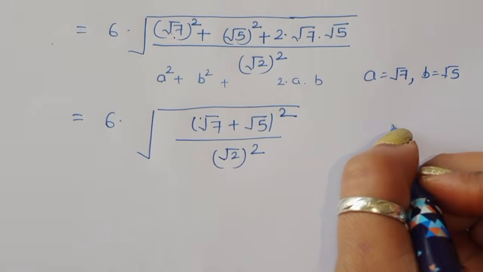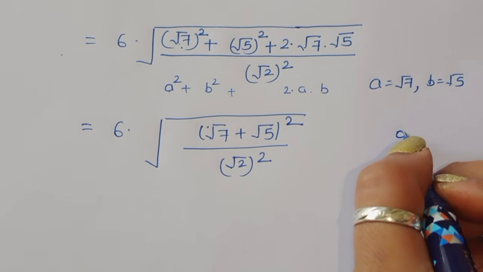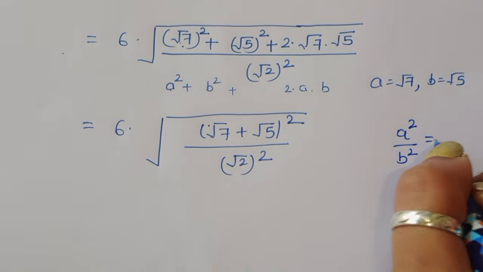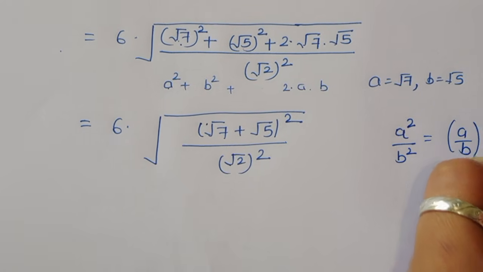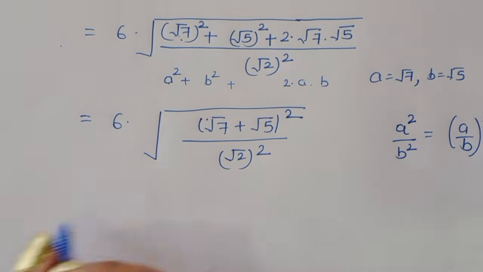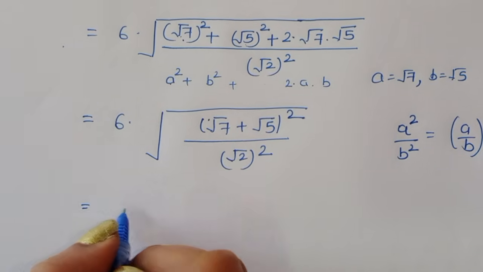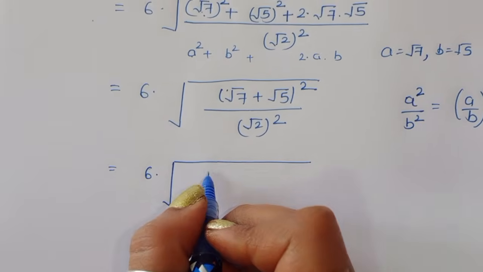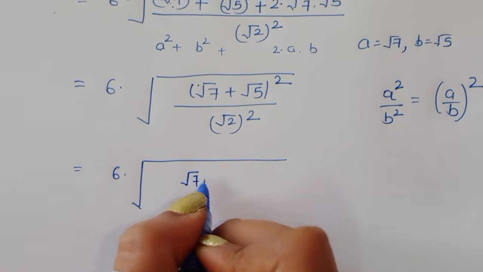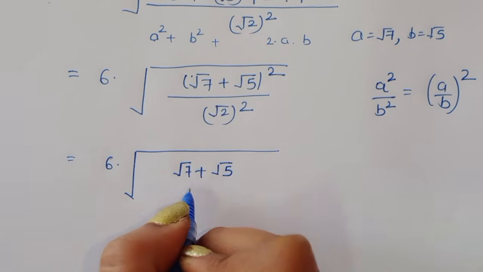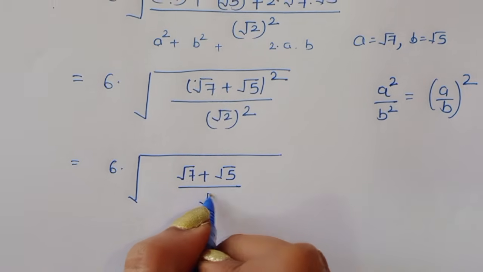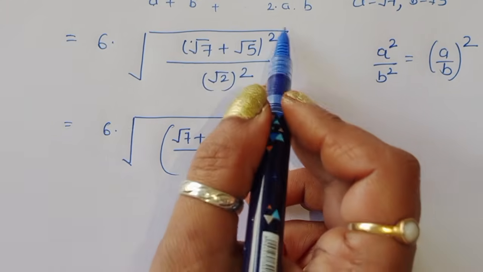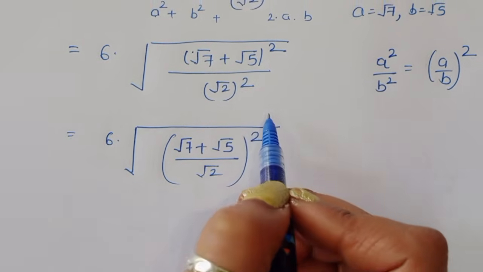Using the formula a square divided by b square is a upon b whole square, we can write 6 times square root of, square root of 7 plus square root of 5 divided by square root of 2, whole squared, because in numerator a square is there and in denominator a square is there.